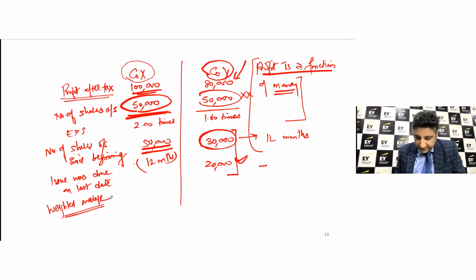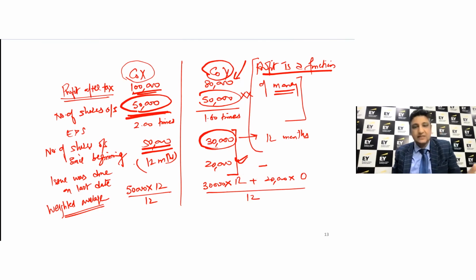How do we calculate that? Simply put, we have these 50,000 shares for 12 months divided by 12, the number of months, for example. And in the second case, we have 30,000 into 12 plus the weight that I would want to assign to those 20,000 shares, the money that is available to me. For how long?